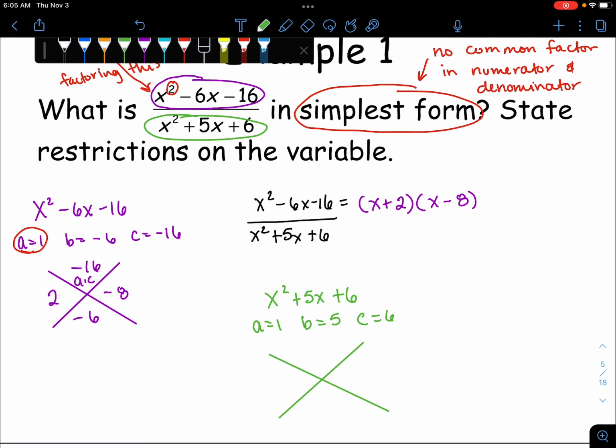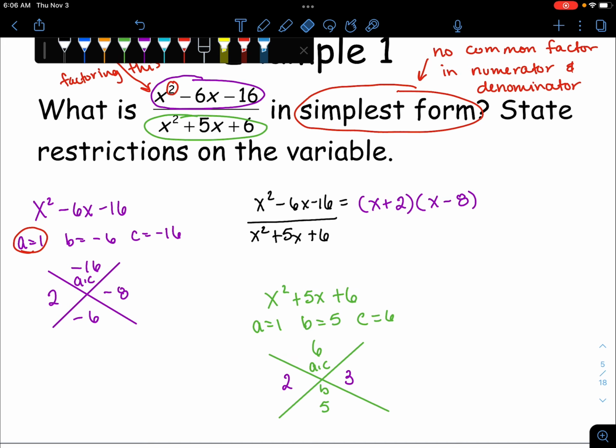I'm going to do this. My a times c, b in the bottom, 6 and 5. Now let's look at factors of 6. 1 times 6, 2 times 3. Which one of these add up to 5? It would be 2 and 3. So 2 and 3 goes here.